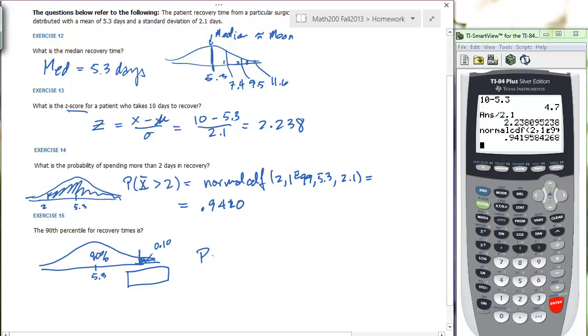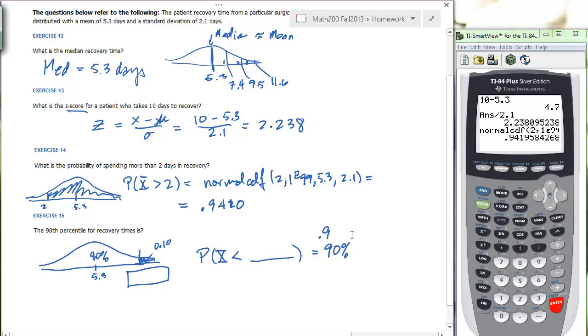So notation will be the probability that x is less than, because they're talking about the 90th percentile, or 0.9. And so what value of x are we going to have so that we're looking at the 90th percentile?